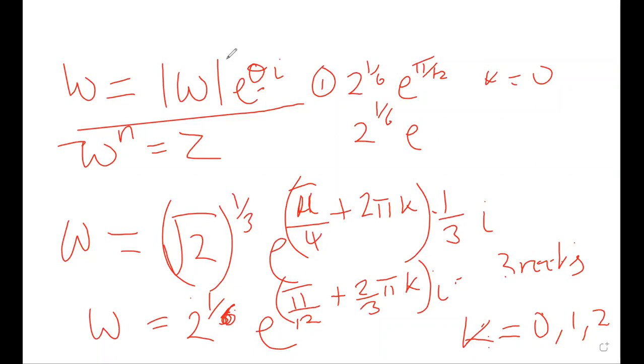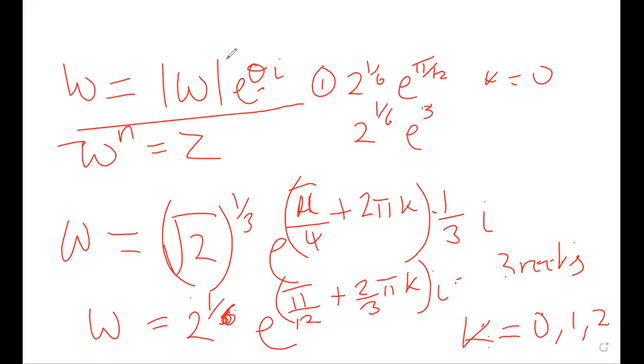If you use your calculator, we are going to get 1 over 12 plus 2 over 3. You get 0.75.